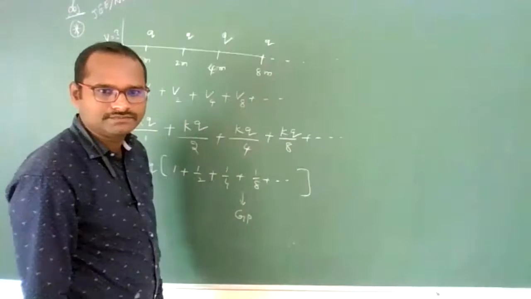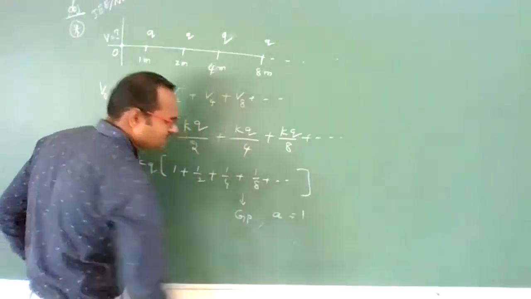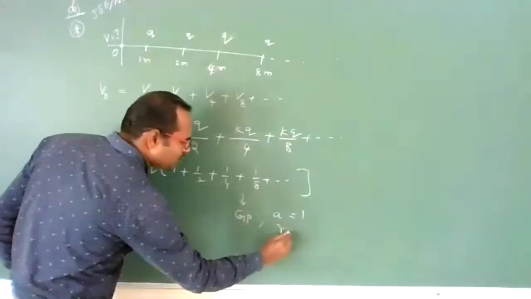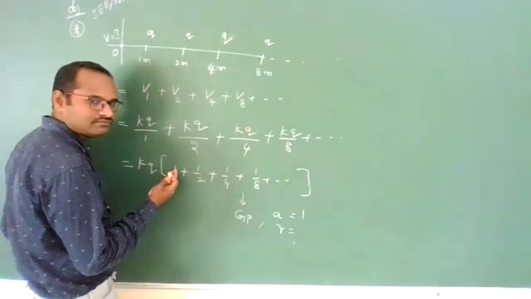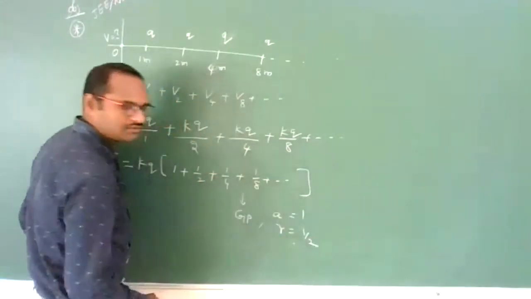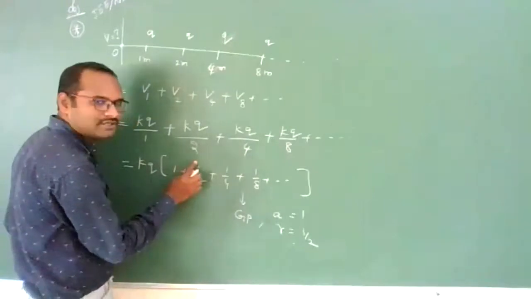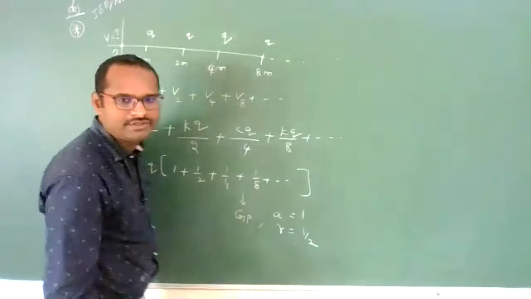Geometric progression. In this, the first term is 1. The common ratio is the second term divided by the first term, which is 1 by 2 divided by 1, that is 1 by 2. Or the third term divided by the second term, 1 by 4 divided by 1 by 2, again 1 by 2.